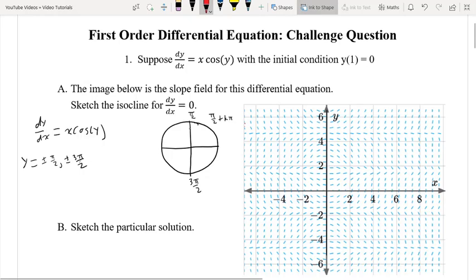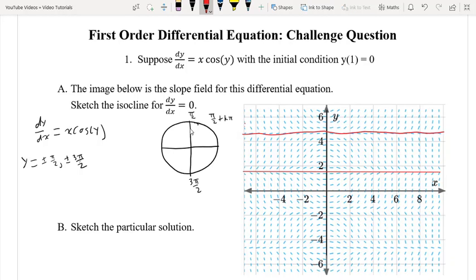So we can sketch these isoclines into our solution here. So the first one, pi over 2, occurs approximately here. You can see the slope field lines really start to flatten out there. And then the next one occurs at about 3 pi over 2. It really starts to occur right around here.